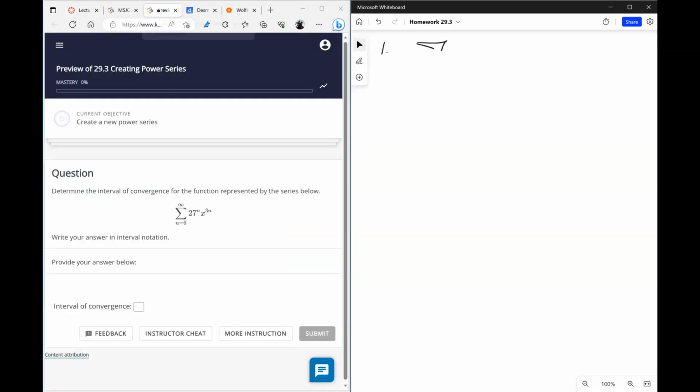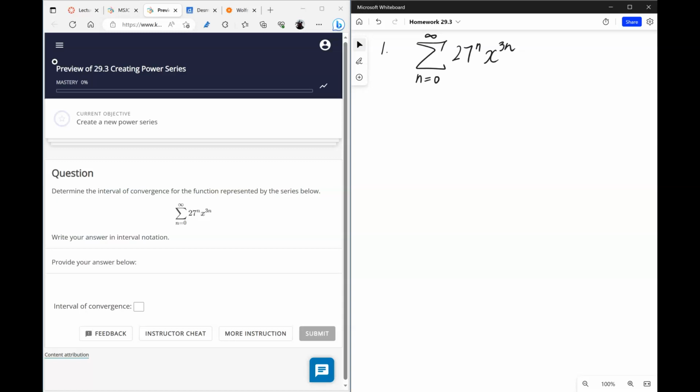And the first question is this: given this series, what is the interval of convergence? We will figure out the interval of convergence, but here I want to actually do another exercise.